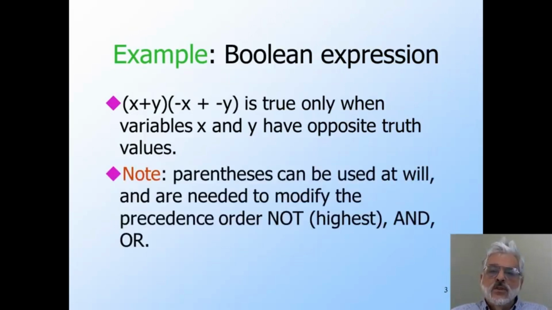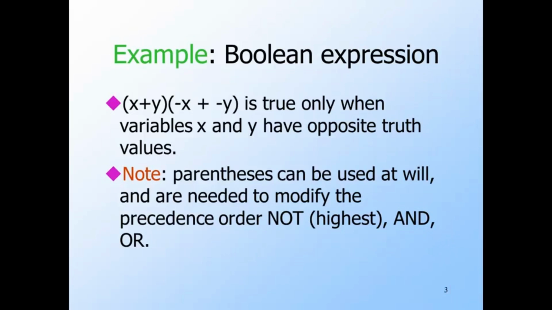As for any kind of expression, remember to use parentheses to alter the order in which operators are applied. The order of precedence is not first or highest, then and then or. Thus, the parentheses in the example expression are needed to make sure that the ors are applied before the ands.